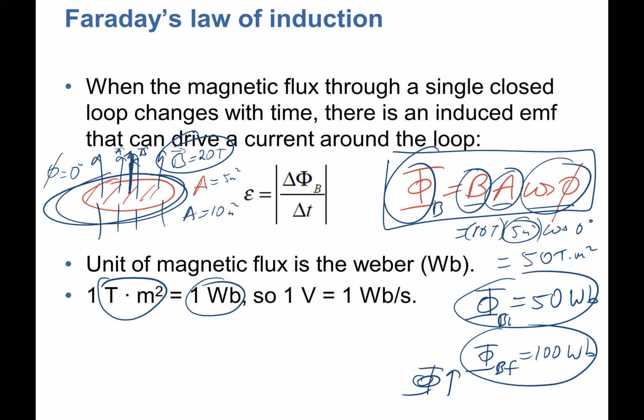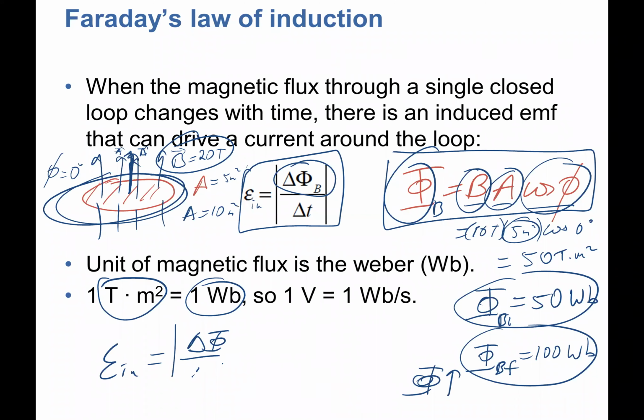So what he said is this induced EMF will occur if there is a change in flux as a function of time. When you're talking about changing flux as a function of time, you're assuming that this change doesn't happen instantaneously, but happens over a short period of time.